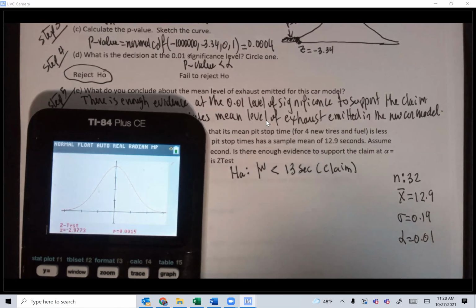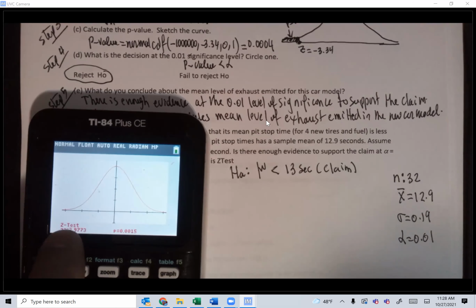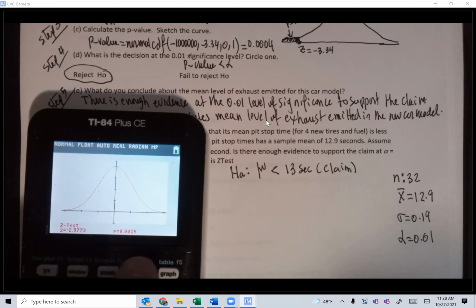It's a left tail test, so if there is a p-value, it's going to be to the left. But since you didn't see any shading here, that means the p-value is very small, guys. Look, 0.0015, you couldn't even shade this one. That's barely nothing. So Z is negative 2.98, and the p-value is 0.0015.